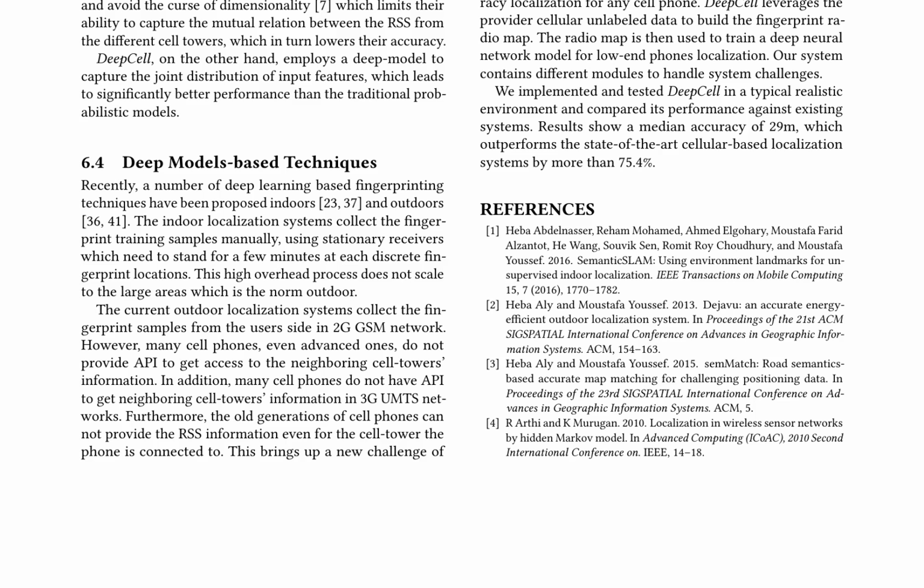DeepCell outperforms state-of-the-art localization systems, including VTrack and Horus WLAN. DeepCell's advantages include its ubiquity, accuracy, and low overhead, making it suitable for various applications, such as location-based services, traffic monitoring, and emergency response systems.